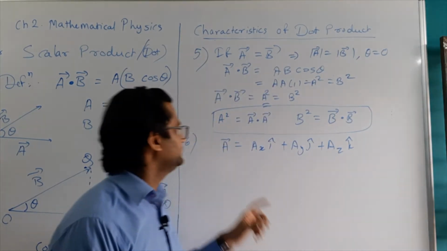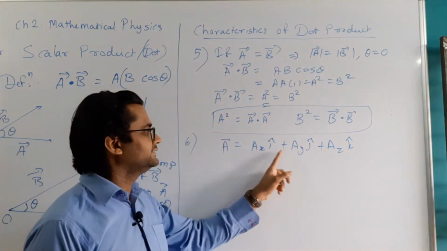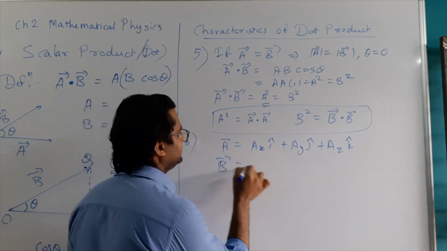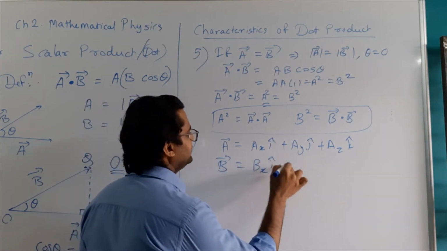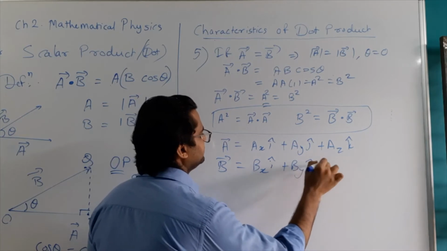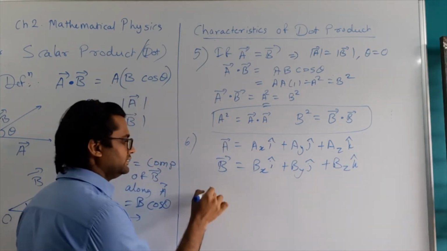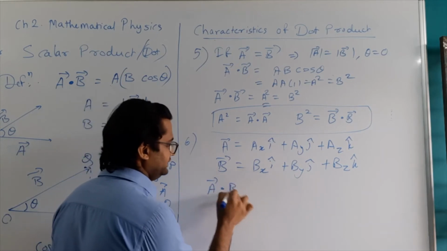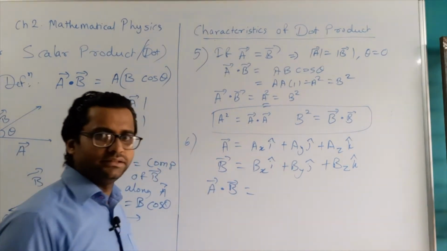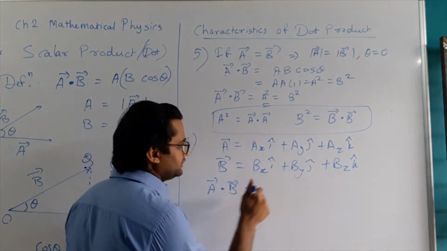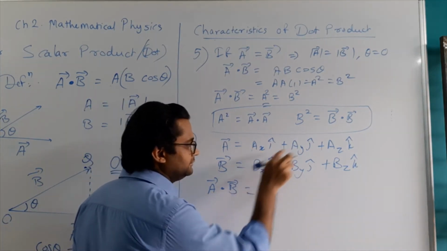So if my first vector is a bar given by ax i plus ay j plus az k, and my second vector is b bar, bx i plus by j plus bz k, then their dot product, this is a very interesting and easy result that will make your numericals easy, is given by the product of these components only.